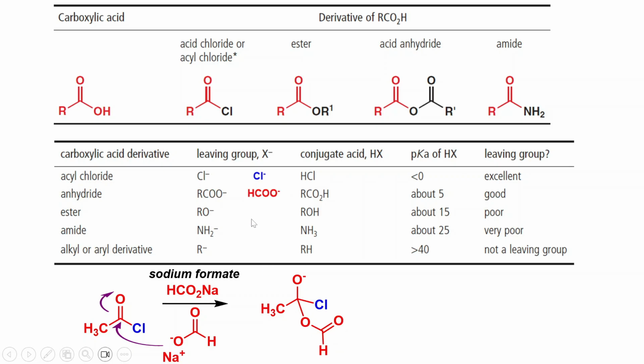So if you consider the H as R, then this will come in this category, right? And the last one is the CH3, which will be the weakest leaving group, right? It is not a leaving group. So we can say that the Cl minus is the excellent leaving group among all of the three. So what will happen? This O minus will come down and the chlorine will leave. And what you will get is a mixed anhydride. So this product is known as a mixed anhydride.